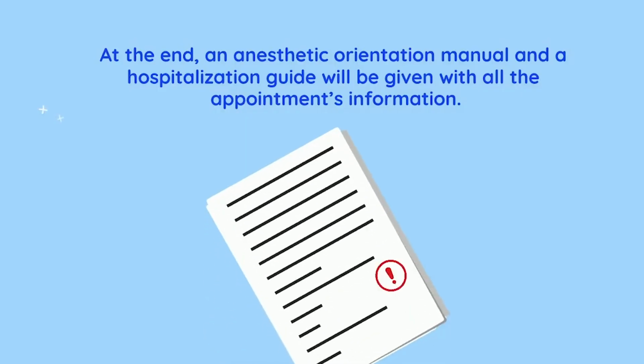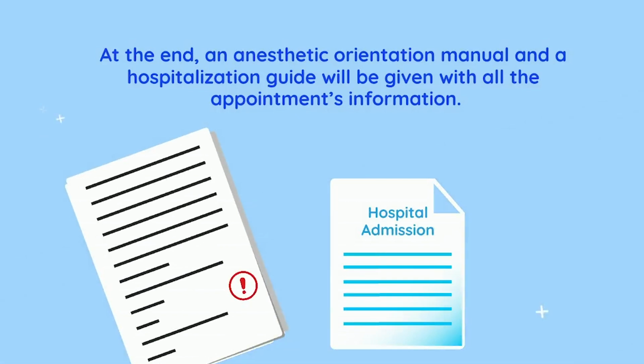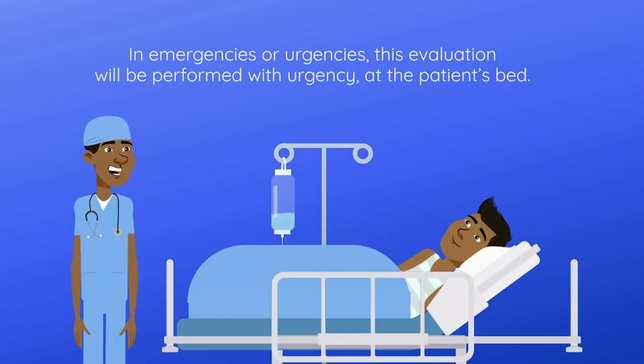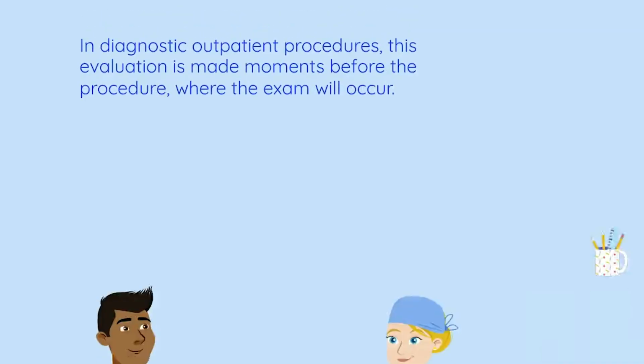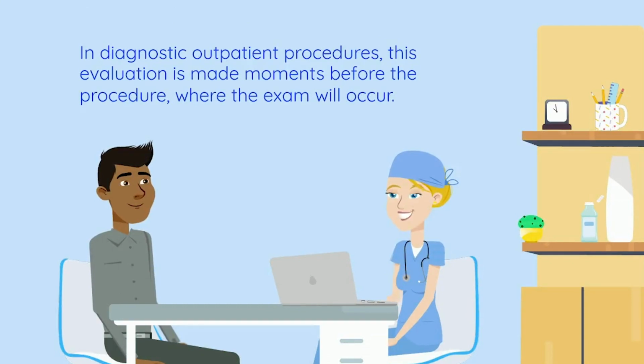At the end, an anesthetic orientation manual and a hospitalization guide will be given with all the appointment information. In emergencies or urgencies, this evaluation will be performed with urgency, at the patient's bed. In diagnostic outpatient procedures, this evaluation is made moments before the procedure, where the exam will occur.